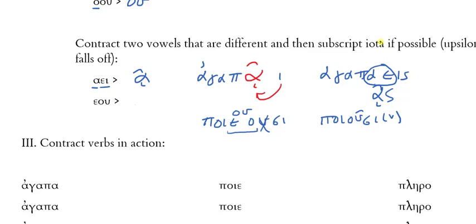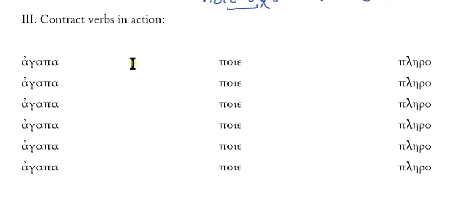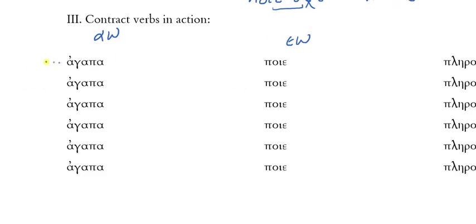Now let's just take the remainder of our time and walk through how these contract verbs are going to look when we actually form them using our alpha-omega, epsilon-omega, and omicron-omega verbs. So agapao has an alpha-omega, poieo has the epsilon-omega, and pleroo has the omicron-omega. One thing that I didn't mention, but I'll go ahead and do it now as we look at forming the first person singular of these verbs is this.